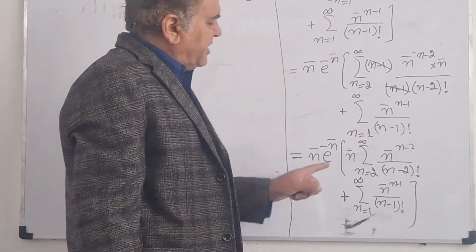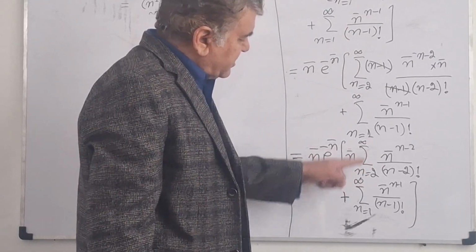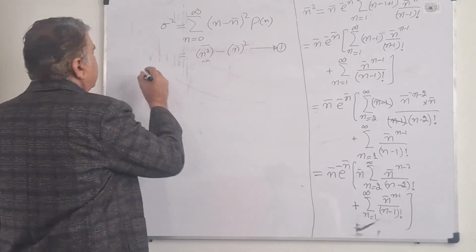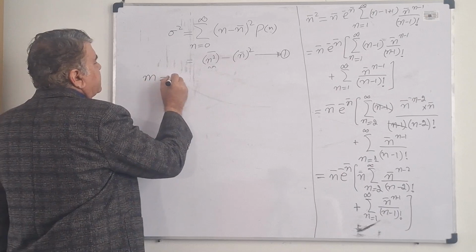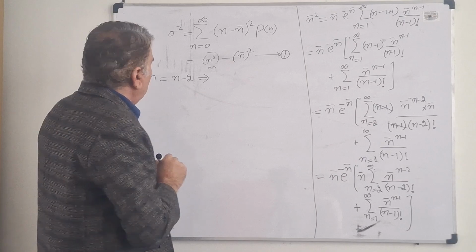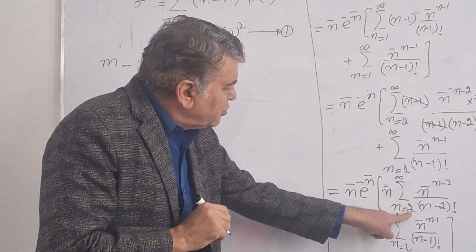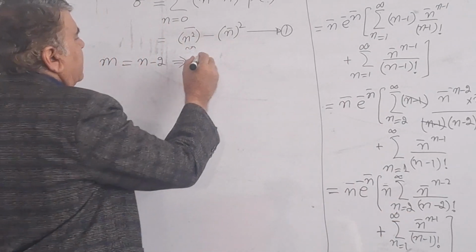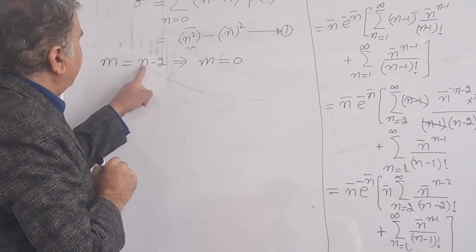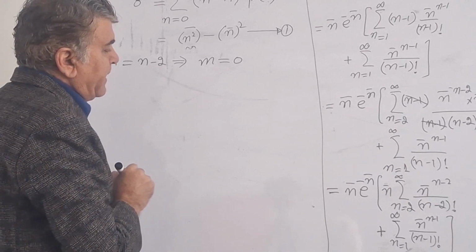Now I want to reparameterize the summation parameter in these two sums. In one case I define over here that m equals n minus 2, and this implies that when n equal to 2, then m equals 0. And similarly, when n tends to infinity, this defines that m also tends to infinity.